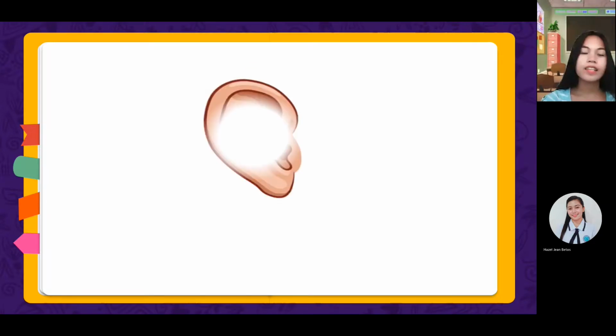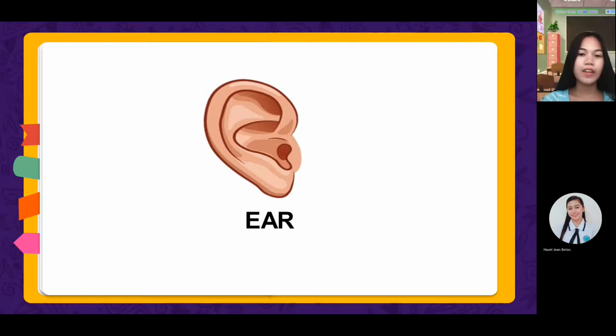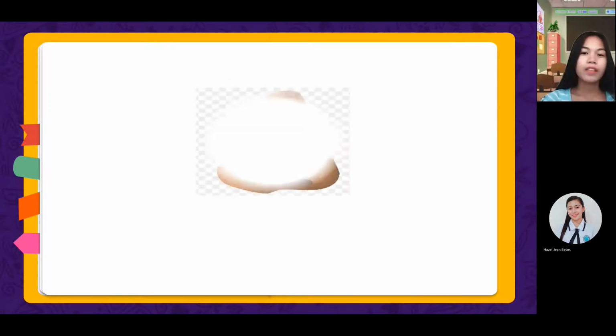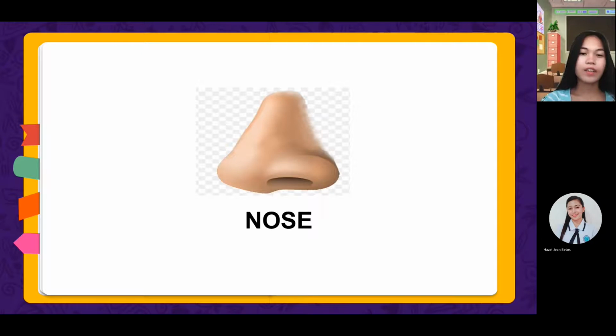And this one, Hazel. Yes, an ear. How about this, Alvin? Nose. Yes, very good. So what do you think is our topic this morning? Daisy? Parts of the body. It could be. How about Hazel?